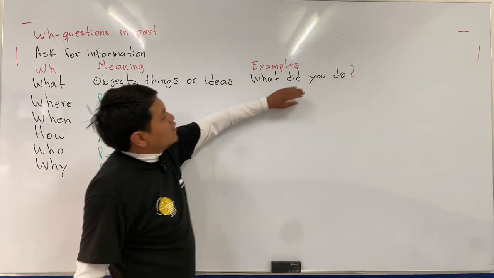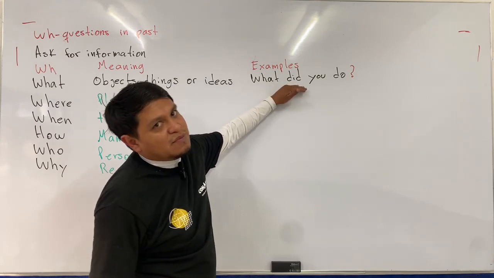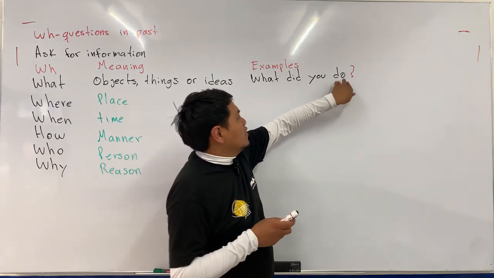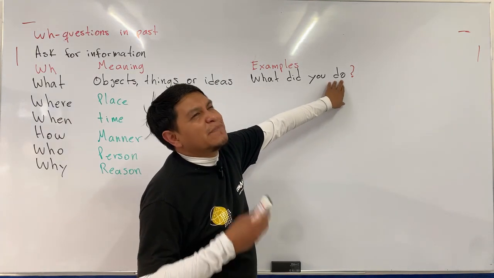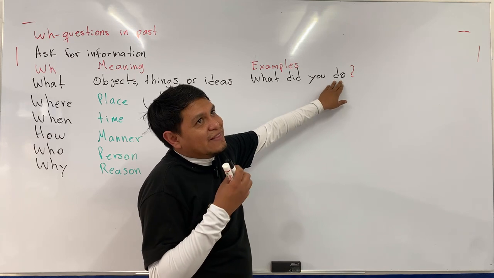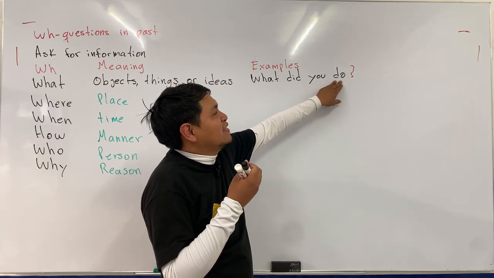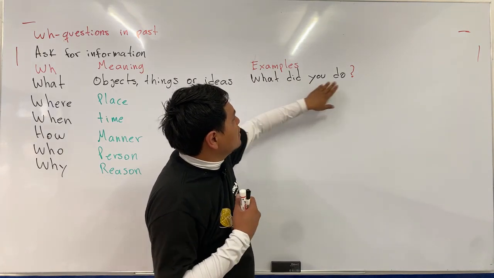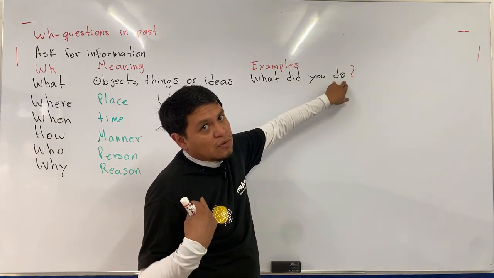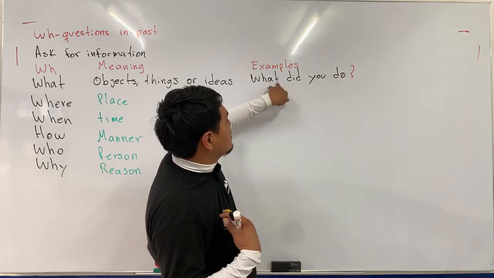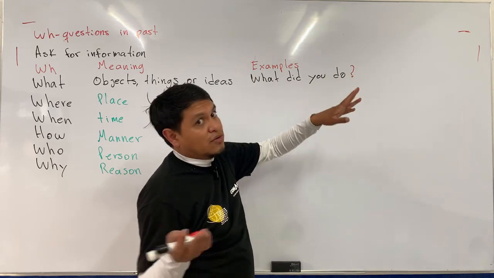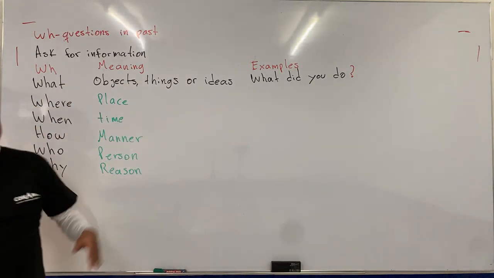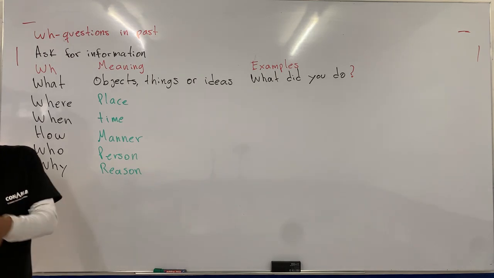Remember, when we have the auxiliary did, that means simple past, but in the question our main verb doesn't need to be in past. I mean, cuando tenemos el auxiliar did, nuestro verbo no necesita estar en pasado, aunque la pregunta sí se está haciendo en pasado. ¿Qué hiciste? ¿No? Right?